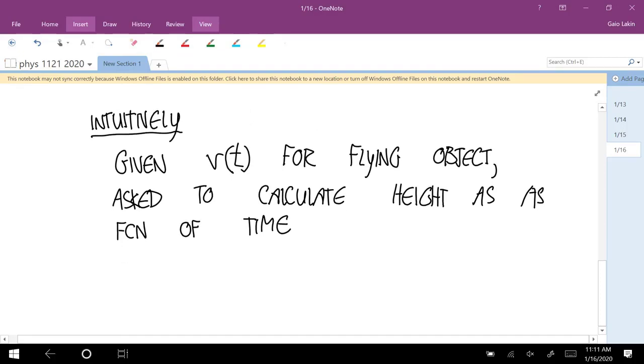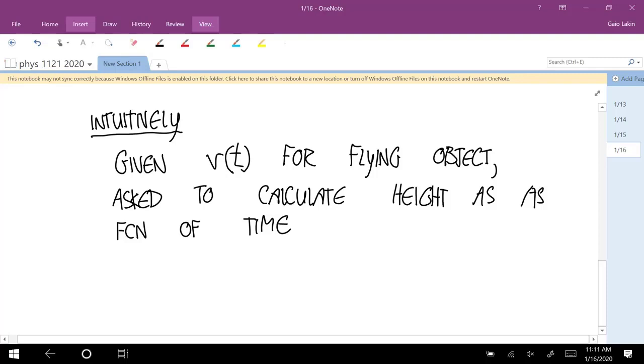Based on the velocity, if it starts out at 50 miles per hour going this way, and then it goes 30 miles an hour this way, and you have that velocity, but you don't have any knowledge of where the thing was when it started or where it is at any point in the motion. This could all be happening in outer space, or it could be happening starting a foot from the ground, and all that clearly has an effect on what the object's height is throughout its whole motion.